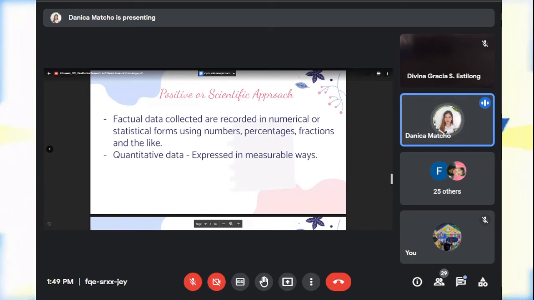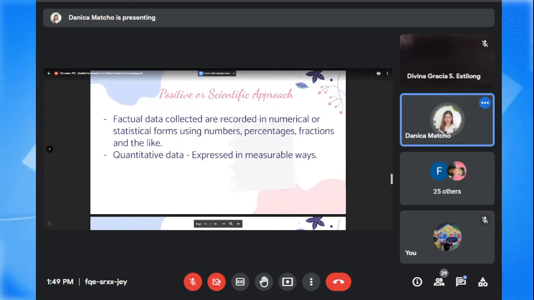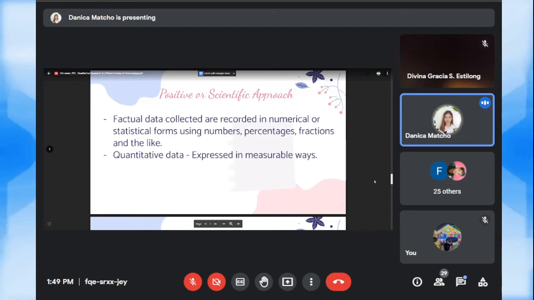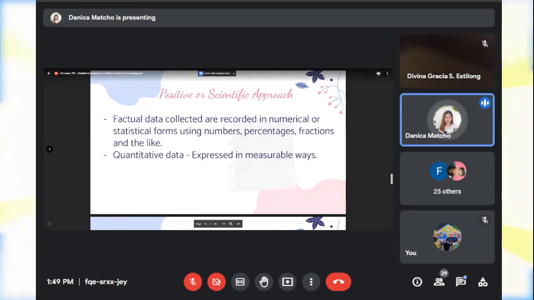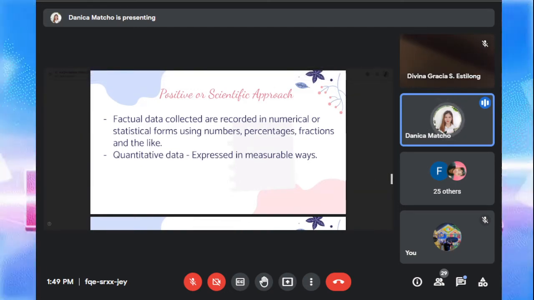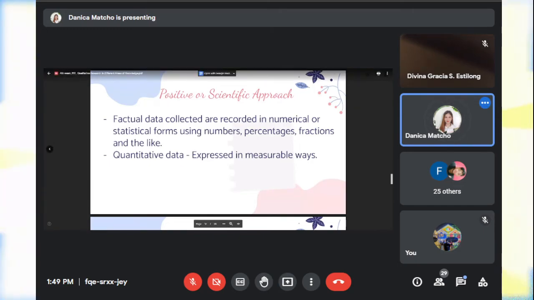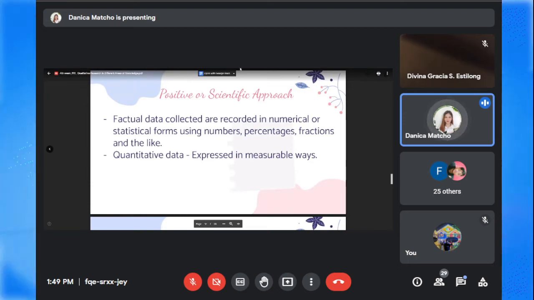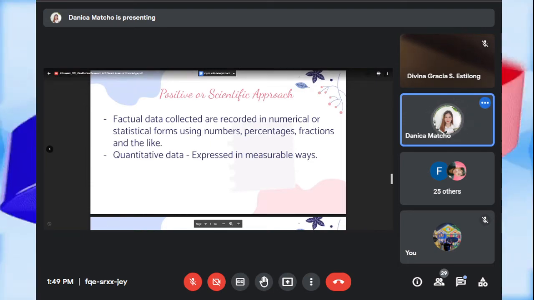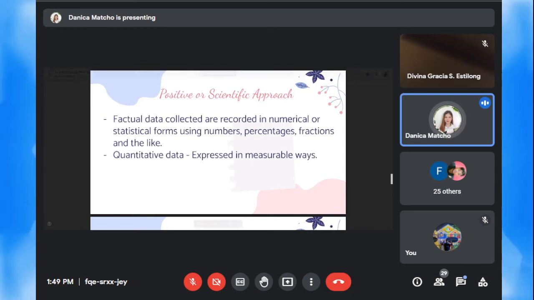So, like what is stated on the hard sciences, di ba? They are also dealing with quantitative or things that can be proven quantitatively. So you are also using here numerical or statistical form. So it's either a number, a percentage, fractions, formula, and the like.